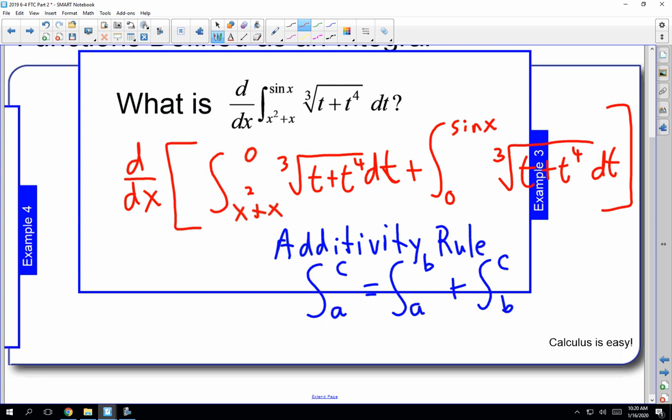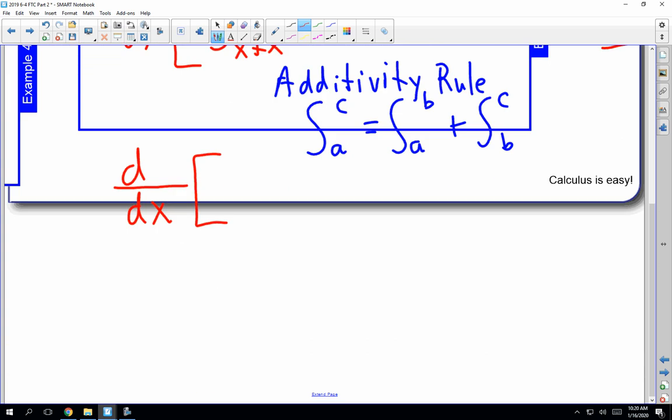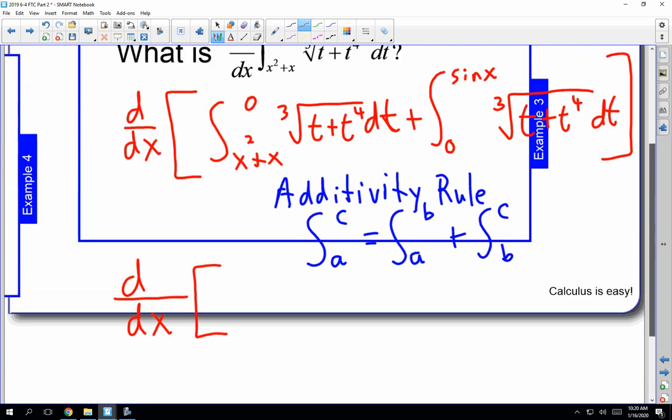So I'm back to red. Okay, so d dx, what am I going to do with this guy right here? Flip it, yeah. So it'll go integral from 0 to x squared plus x, and we're going to put a negative sign out here.